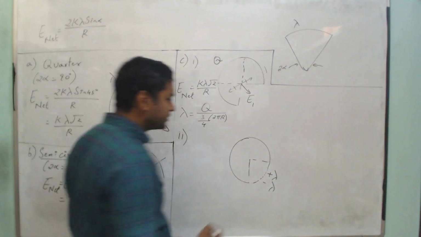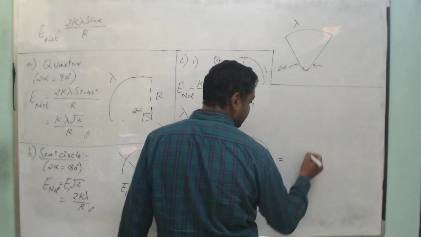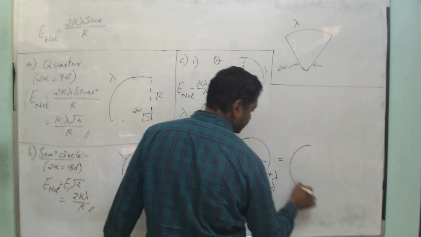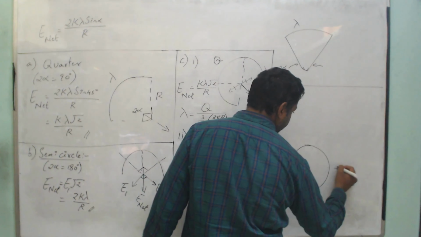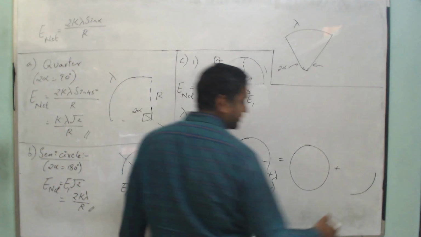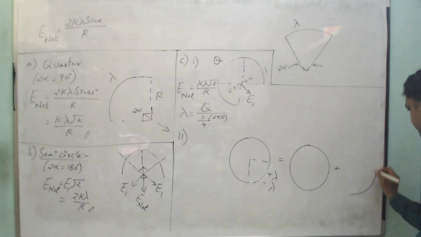So, for this, yesterday we discussed two different scenarios. One is a full circle, plus the other is just the fourth quadrant having a minus lambda.